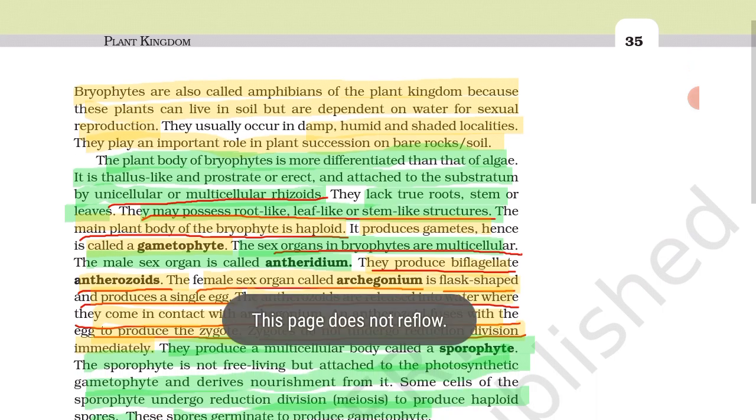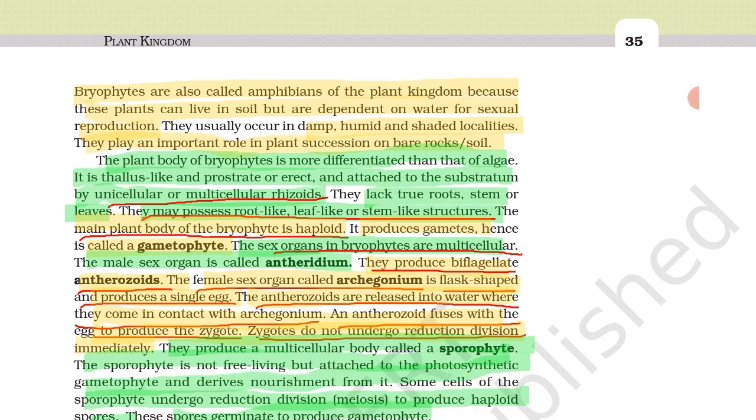Bryophytes are also called the amphibians of the plant kingdom. Why? Because this plant can live in soil but is dependent on water for sexual reproduction.